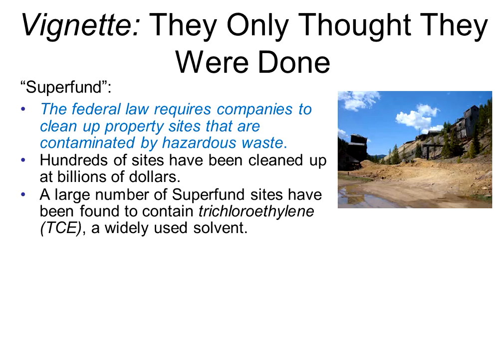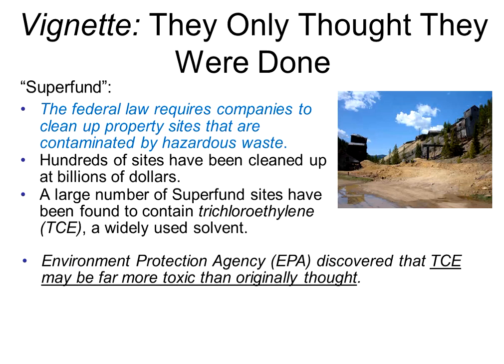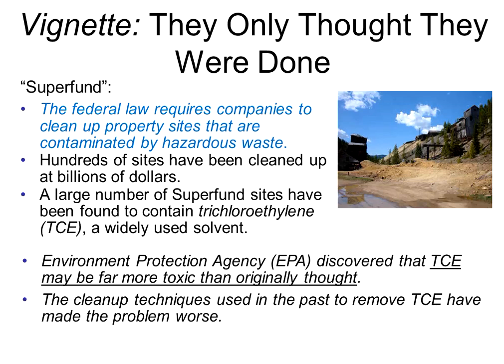A large number of Superfund sites have been found to contain TCE, a widely used solvent. The Environmental Protection Agency discovered that TCE may be far more toxic than originally thought. And so the cleanup techniques used in the past to remove this solvent and this toxin have made the problem worse.